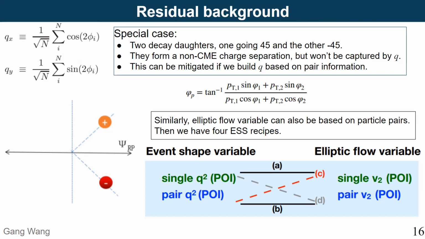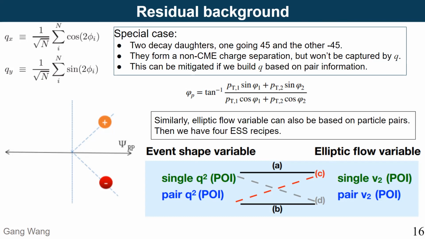So to solve this, we try to consider a special case. The special case is you only have two decay daughters, and the two decay daughters go at 45 and negative 45 degrees. So in this case, they do not contribute to your flow vector, because if you calculate this, they give 0.